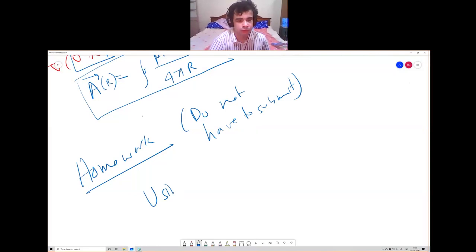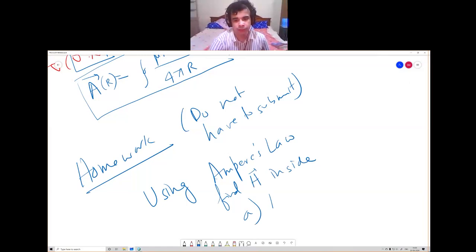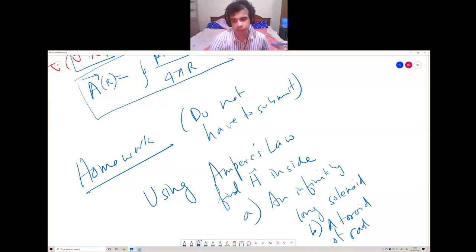Using Ampere's law, find H inside an infinitely long solenoid and a toroid of radius R. This I am sure you have studied in your school.